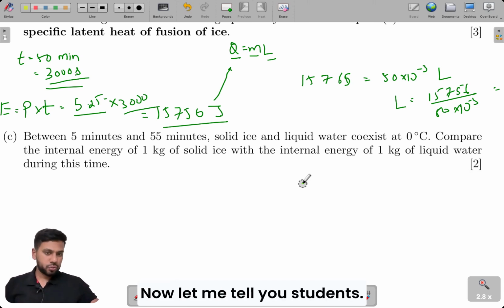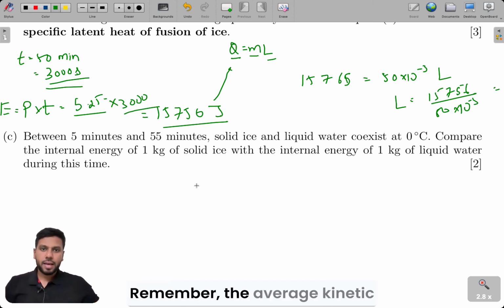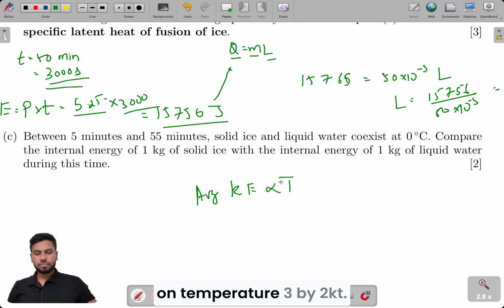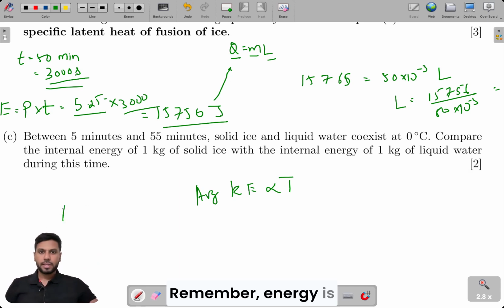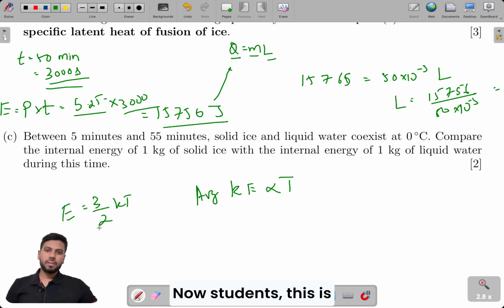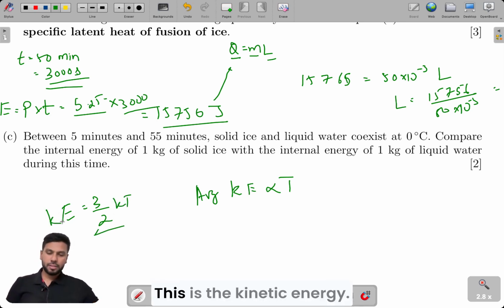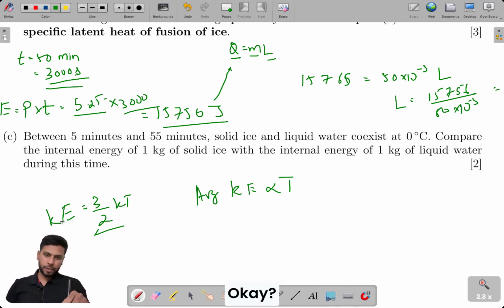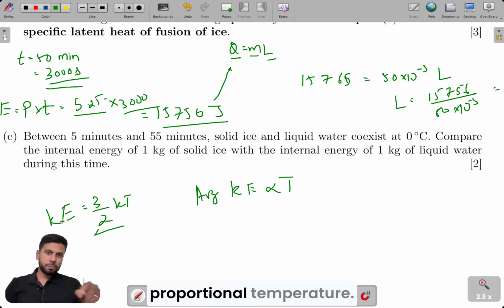Now let me tell you, students, remember, the average kinetic energy is dependent on temperature. Energy is equal to 3 by 2 kT. This is the kinetic energy. So average kinetic energy is proportional to temperature.